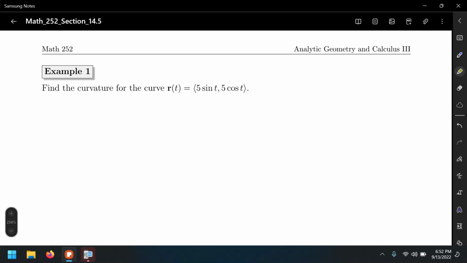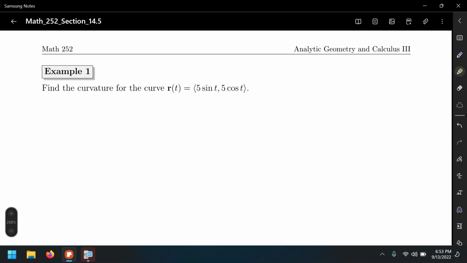We will argue that it's a circle, and whether it's parameterized sine, cosine, or cosine, sine, what changes is the direction. In this case, we have sine in the x component and cosine in the y component. Then what we're going to have is a circle going clockwise, towards the negative angles, if we were looking from that perspective.